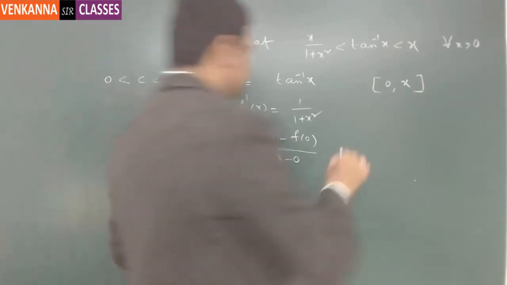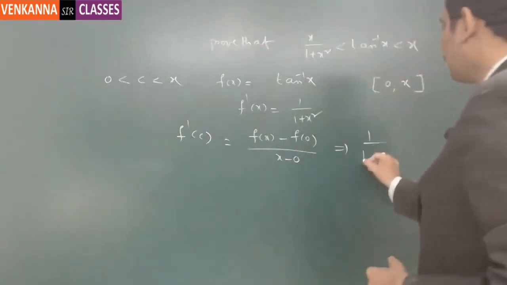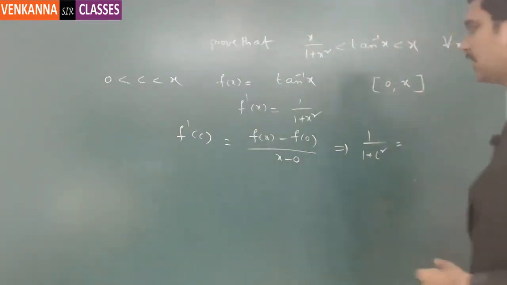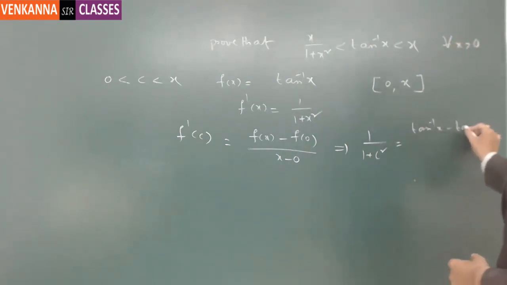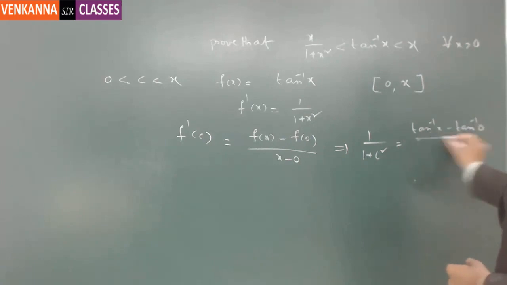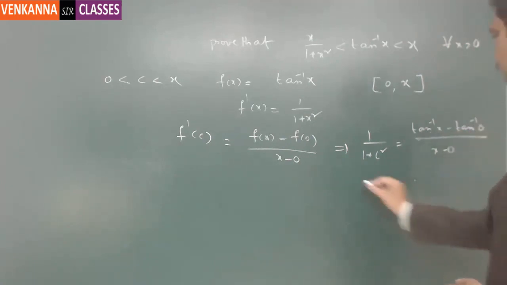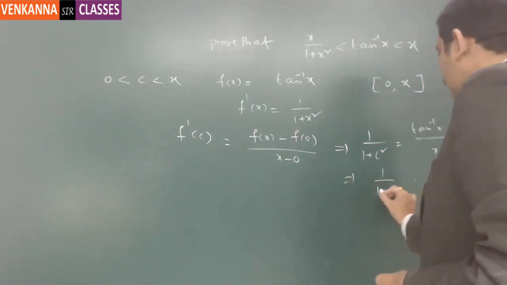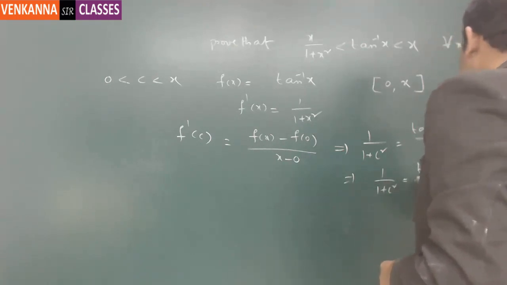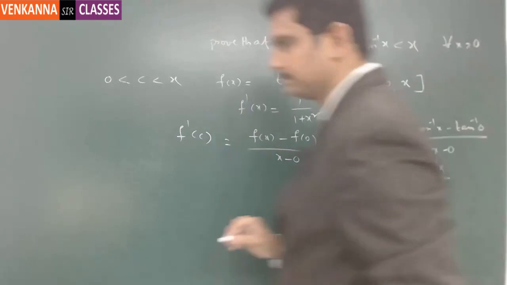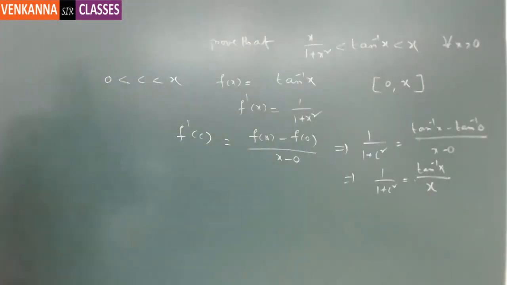It implies that 1 by 1 plus c square equals tan inverse x minus tan inverse 0 by x minus 0, which gives that 1 by 1 plus c square is equal to tan inverse x by x. All of you agree? Any questions?